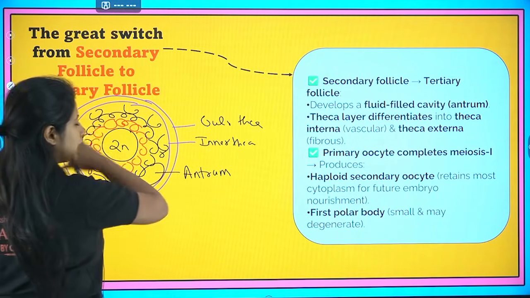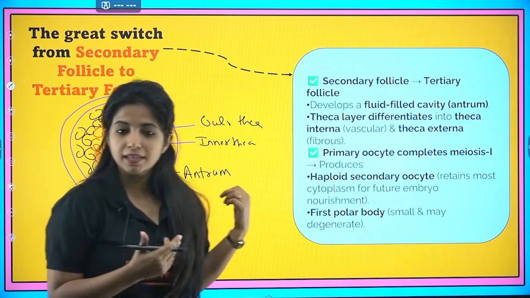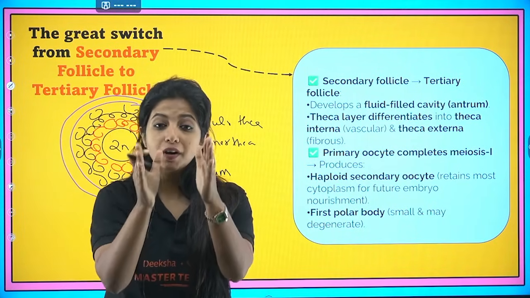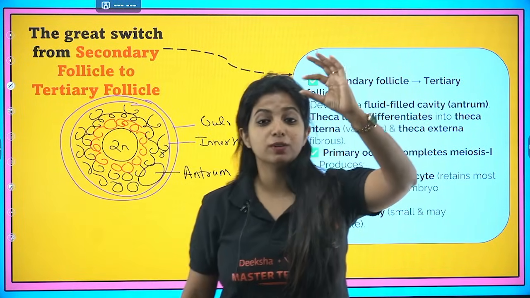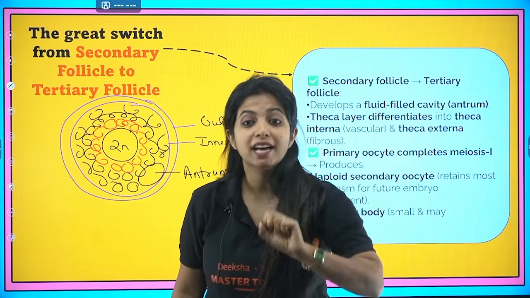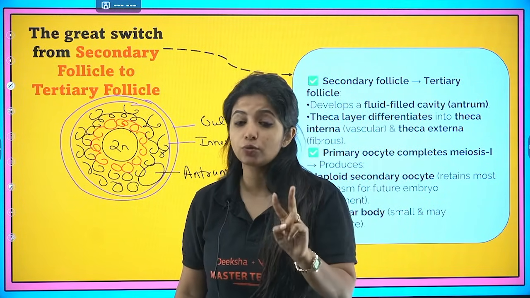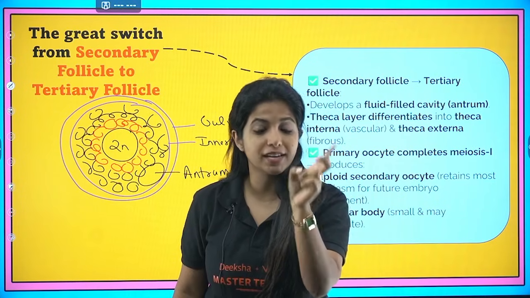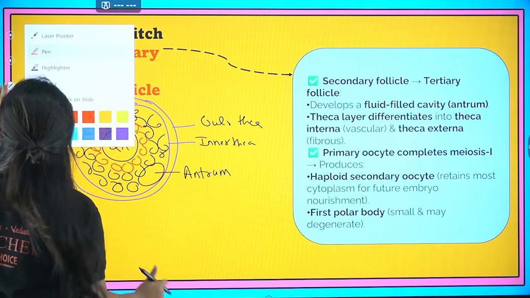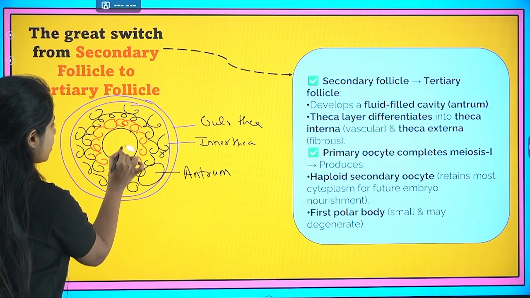So ma'am, only the outside layer is changing, nothing is happening inside? It happens. In this tertiary follicle, for the first time, the primary oocyte, which was stuck in that stage, is going to undergo division, that is meiosis 1, and produce two cells. What are the two cells? One is the first polar body and the second one is the secondary oocyte. So something is changing up over here.